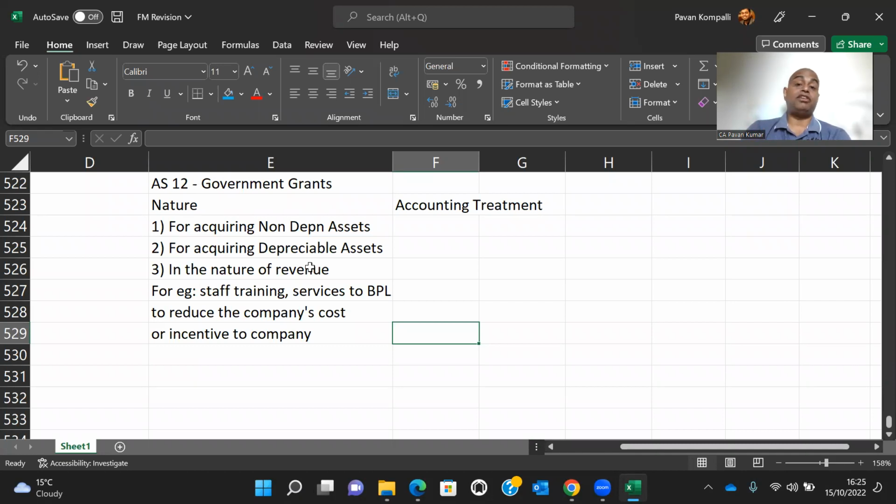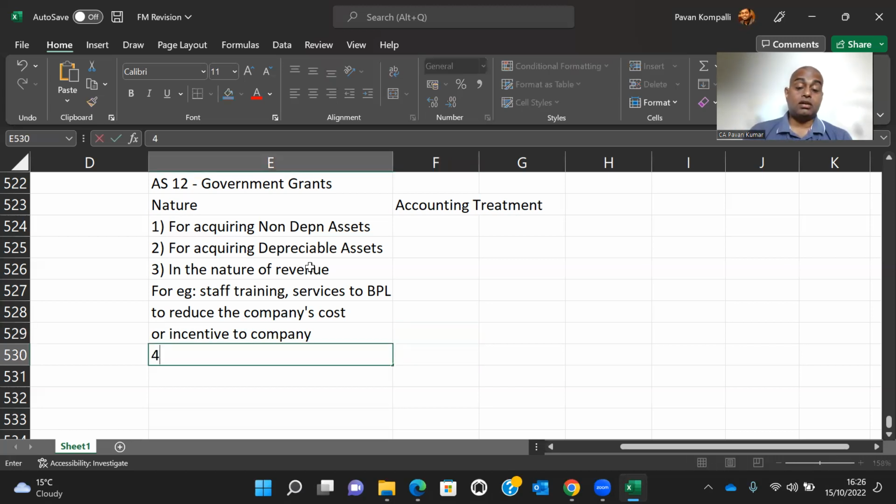That is also in the nature of revenue. So remember guys, when government gives you a grant which is not for acquiring any asset, that will be category 3. Category 1, category 2, category 3. Then there comes category 4, in the nature of promoter contribution.